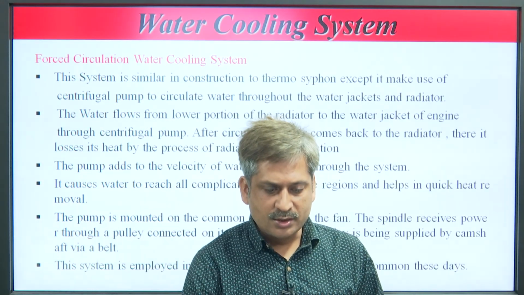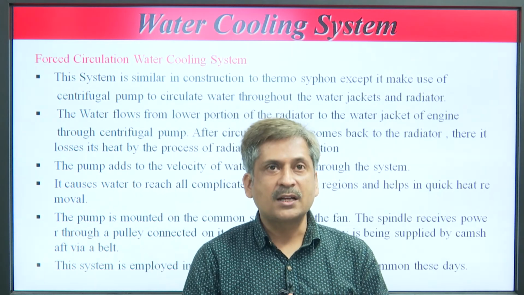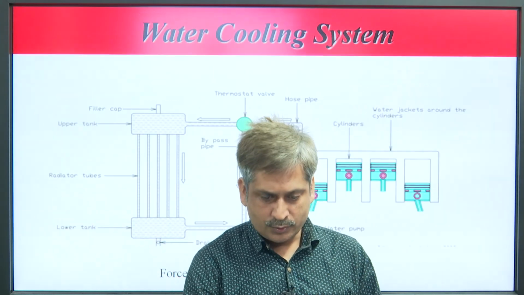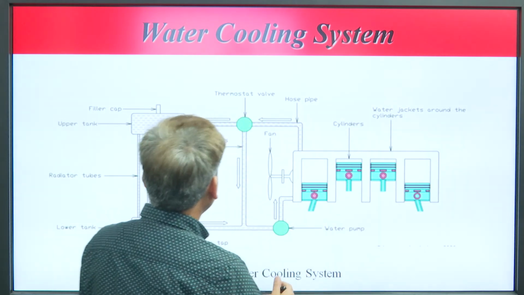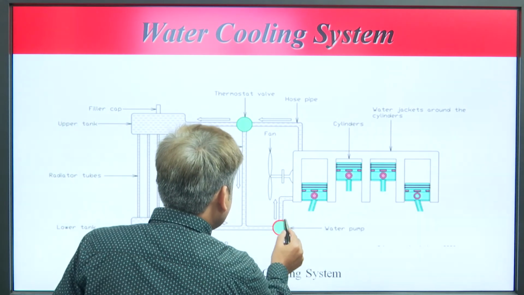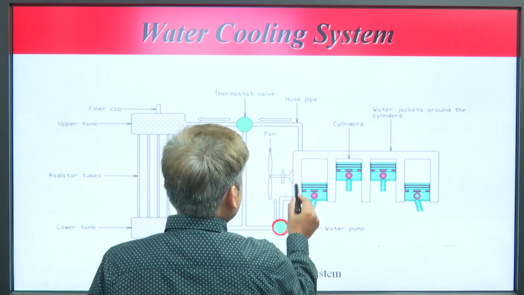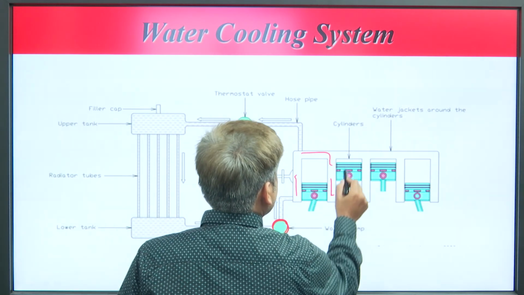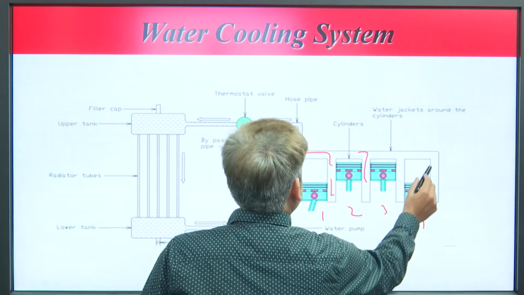Now, another type of water cooling system is forced circulation. In forced circulation you can see we apply a pump. This is the water pump, and with the help of this pump water is circulated through the jackets provided around cylinders 1, 2, 3 and 4.